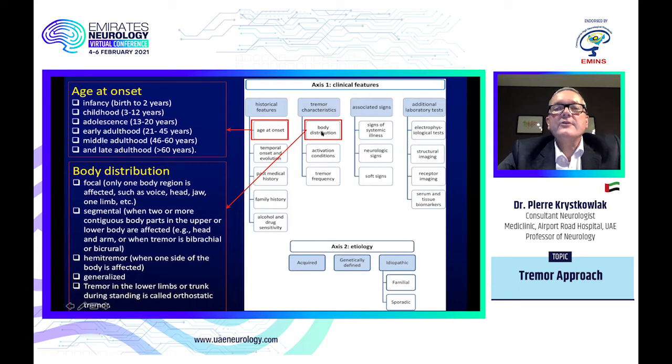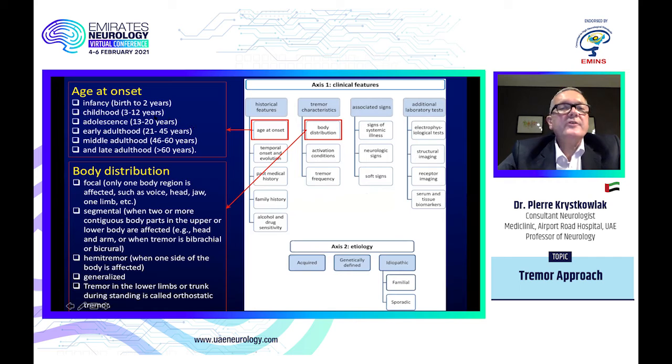In tremor characteristics, you have the body distribution, the activation conditions, the tremor frequency. And here you have some associated signs which are very important to look at: signs of systemic illness, neurologic signs, soft signs. Soft signs means very subtle, very refined neurologic signs. And you have also the additional laboratory tests that can help.